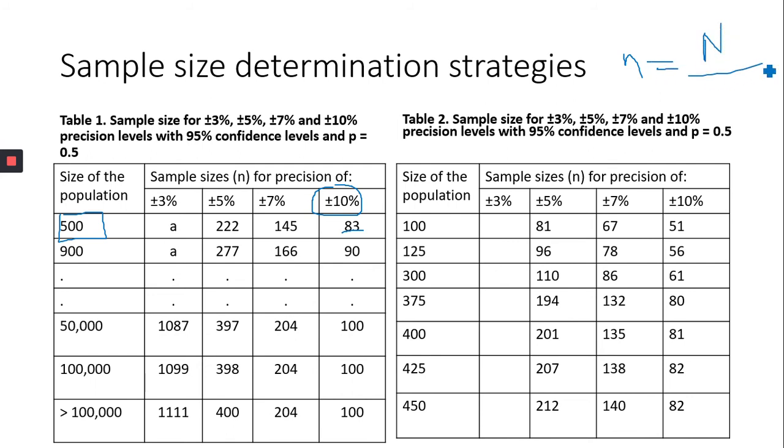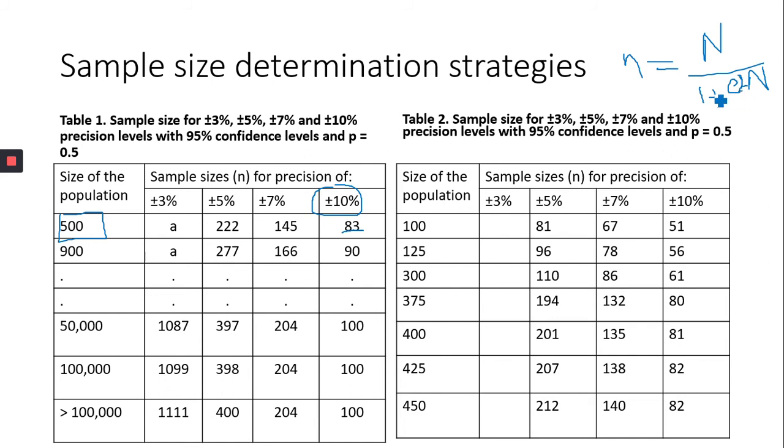So the Yamane formula basically is: sample size n is equal to the population size, big N, divided by 1 plus the error margin E squared, multiplied by big N. But E must be squared, please take note. So use these tables. Using the tables, verify the accuracy.